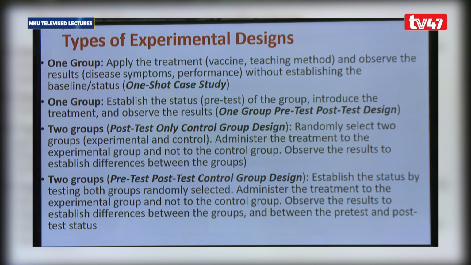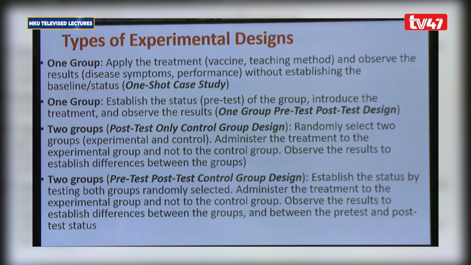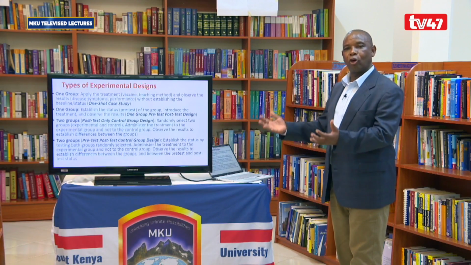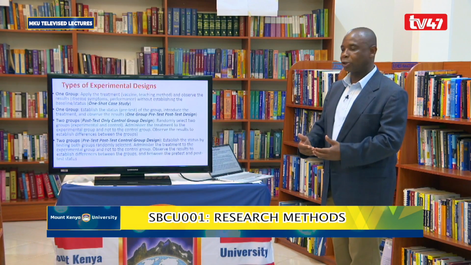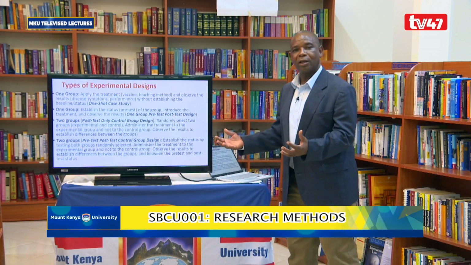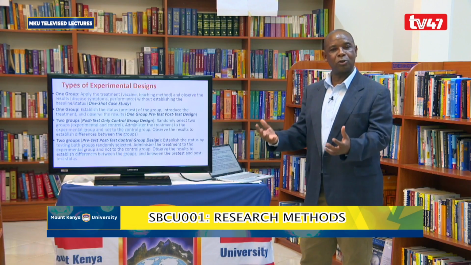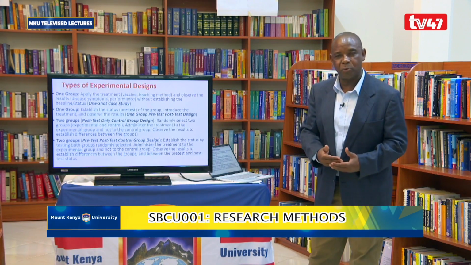But if you want to have a higher level of understanding and validity, then you do the next one, which is called one group pre-test and post-test design, meaning that in that group of patients, you establish how those patients were before you gave the treatment. Then you give the treatment and then again observe the effects of that treatment.